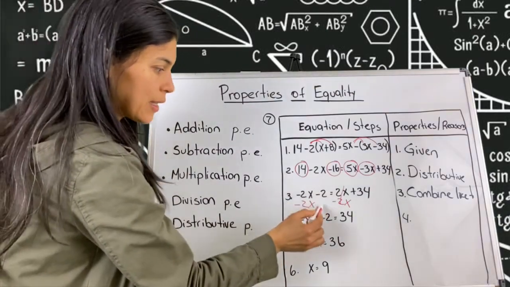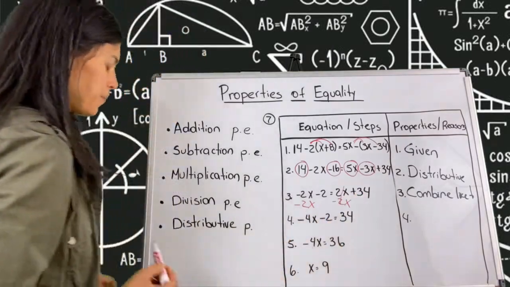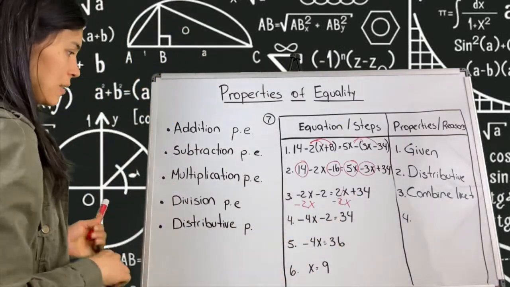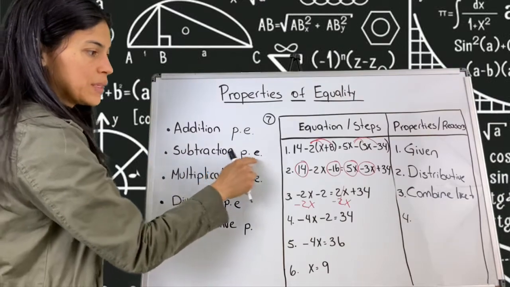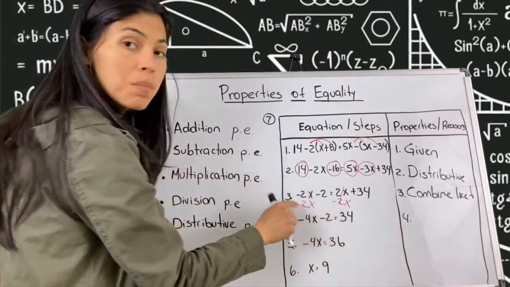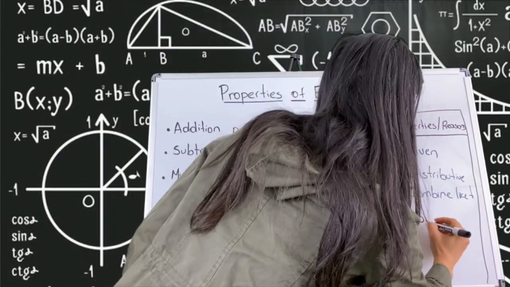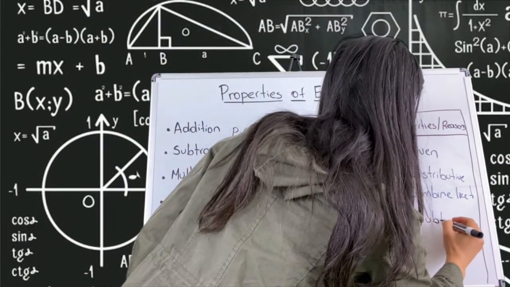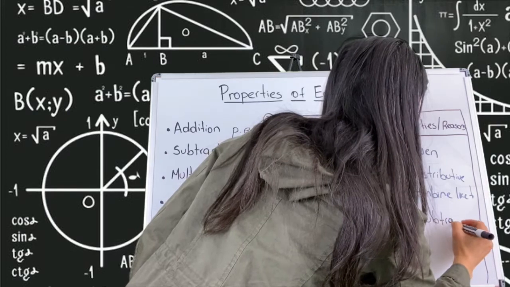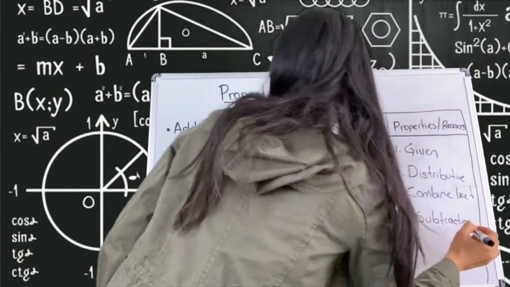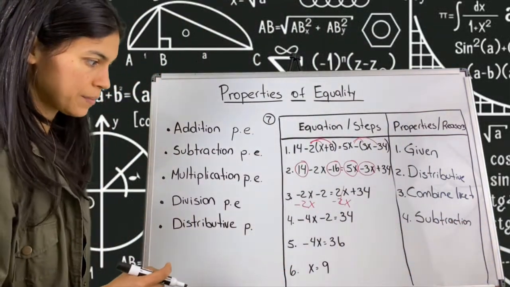I see that negative 2 is here and the 34 is here. They used the subtraction property of equality. They subtracted the same amount on both sides. So number 4 is the subtraction property of equality.